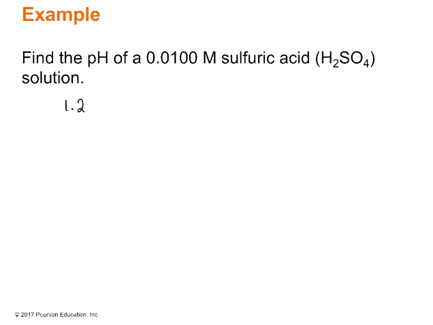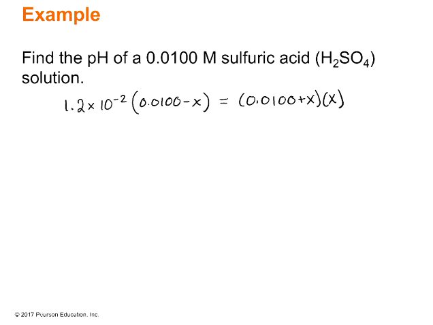Okay, so we have 1.2 times 10 to the negative 2 times 0.01 minus x, and then that's equal to 0.01 plus x times x.